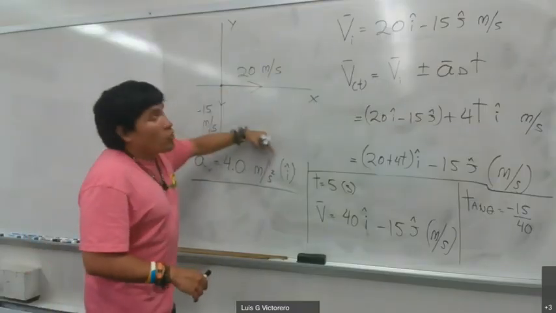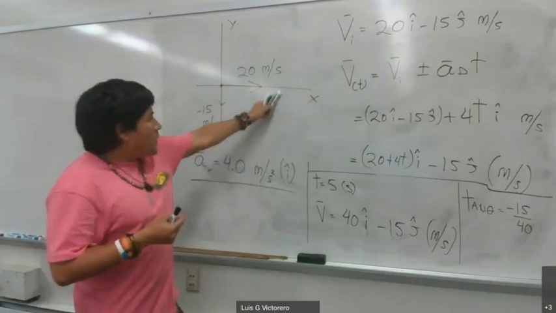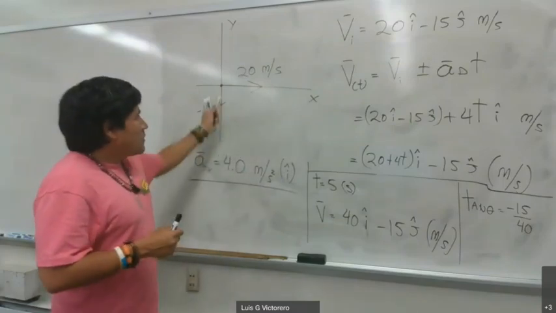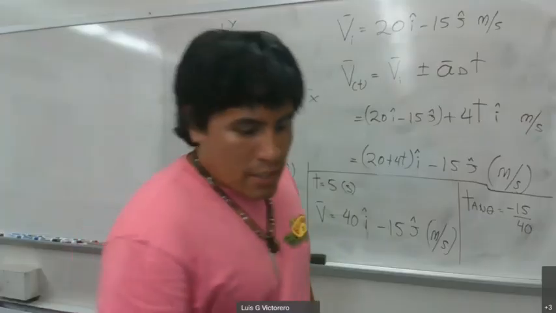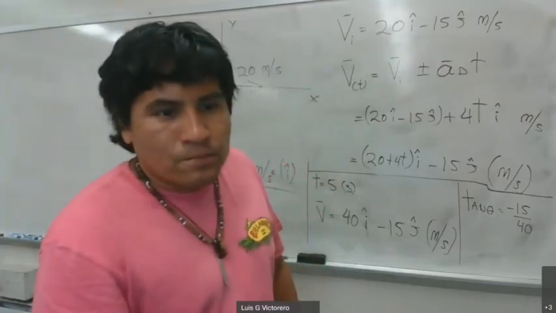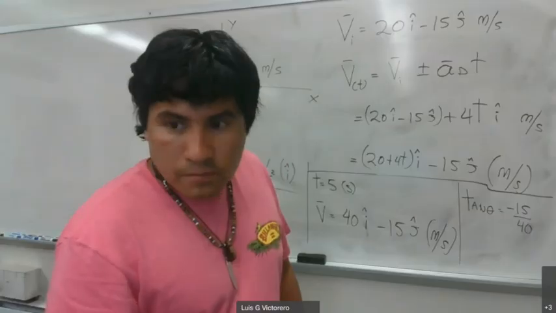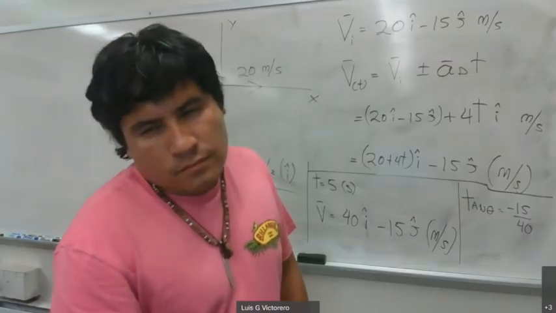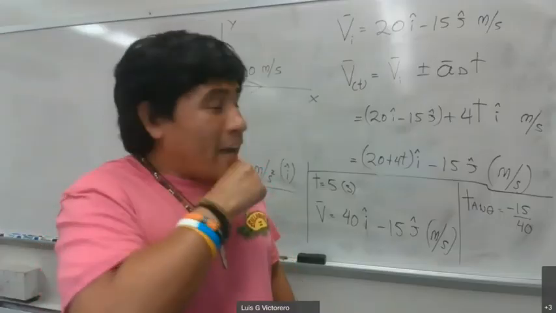Wait, with 40 it should be in the fourth quadrant, right? Because it's 40 here and minus 15. Well, let's take a look. We have to do the arctangent of that. If I use my calculator, I get minus 20.